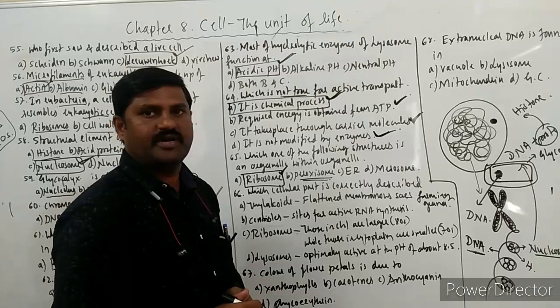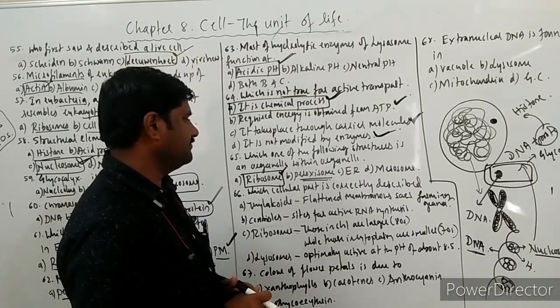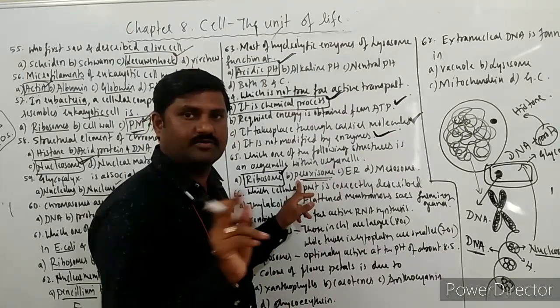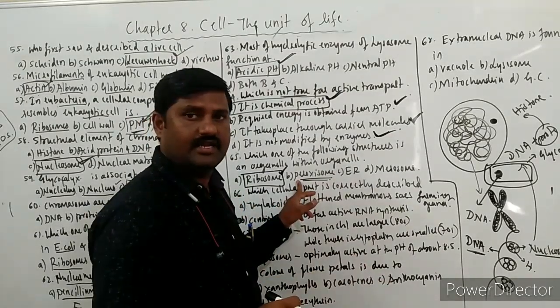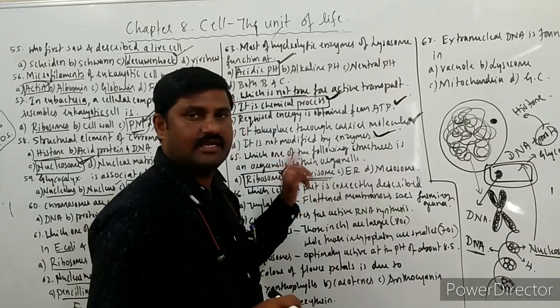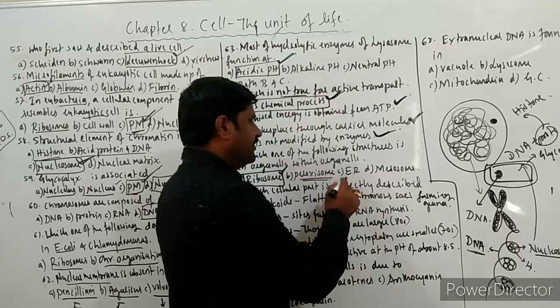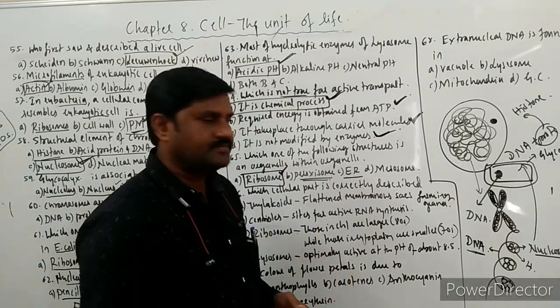Peroxisomes are meant for the metabolism of peroxides. They are independently present in the cytoplasm, not within other cell organelles. That's why they are not organelles within organelles. Next one is endoplasmic reticulum. It is an independent one, right?